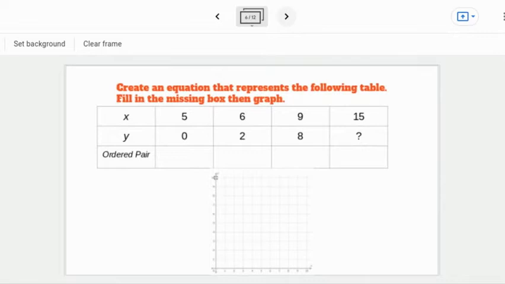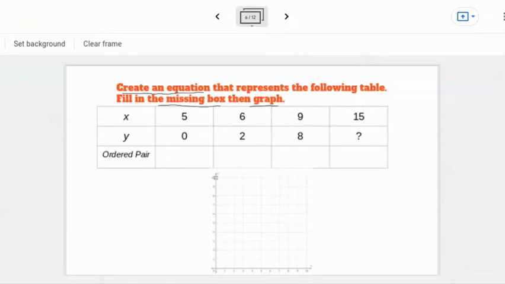Oh, not yet. We will eventually try. Let's go through this one. Okay, so this one says create an equation, fill in the missing, and then graph. So I'm going to have you pause, draw that chart, and try to come up with an equation. Now, this one may not follow a pattern, so be careful.